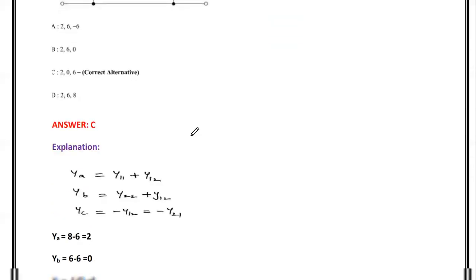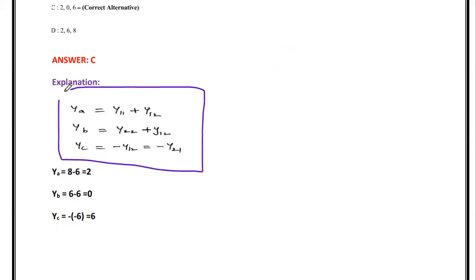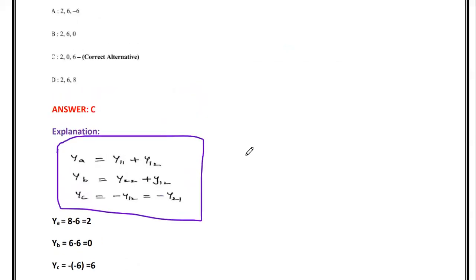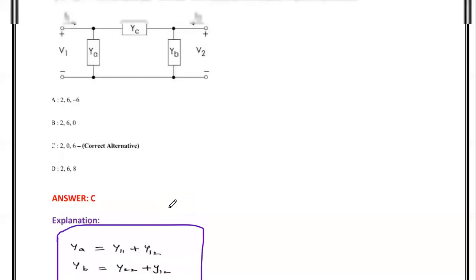The relation between the admittance parameters and YA, YB, YC is this: YA is calculated by adding Y11 and Y12. YB is calculated by adding Y22 and Y12. YC is calculated as minus Y12, or minus Y21. So YA is Y11 plus Y12.